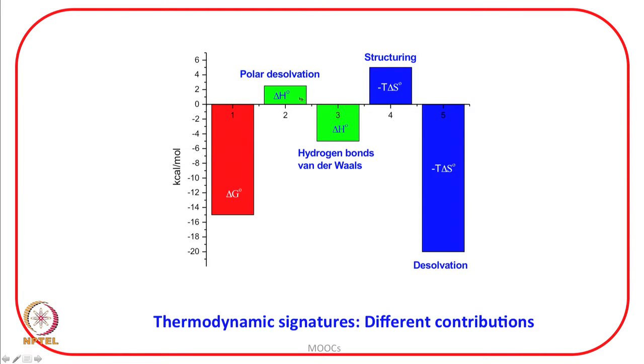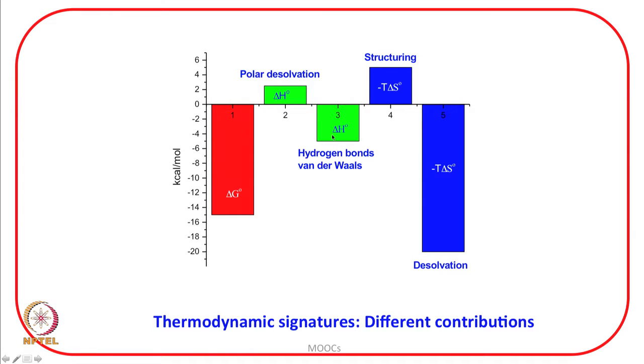Polar desolvation will contribute positive. It is costly, it is expensive. That is why it is shown towards the positive side. Polar desolvation puts a penalty. Hydrogen bonds and van der Waals interactions will contribute negative. That is a favorable contribution.